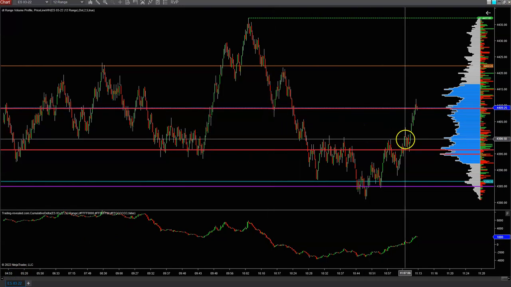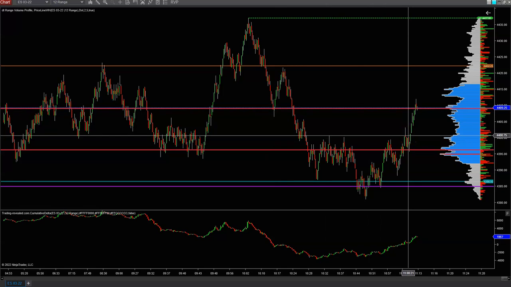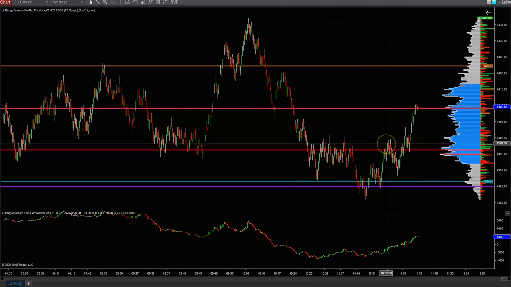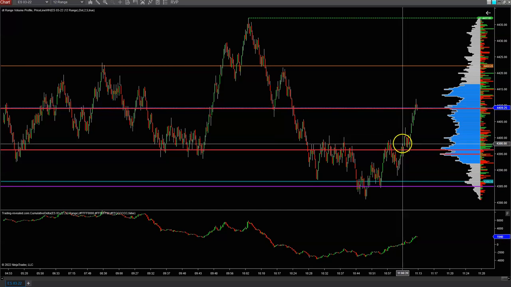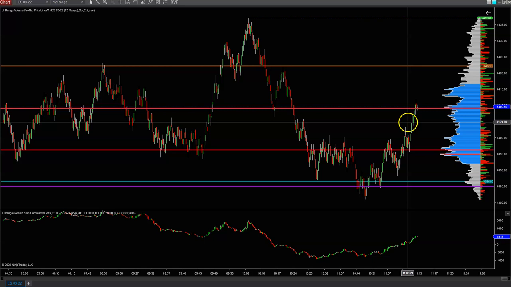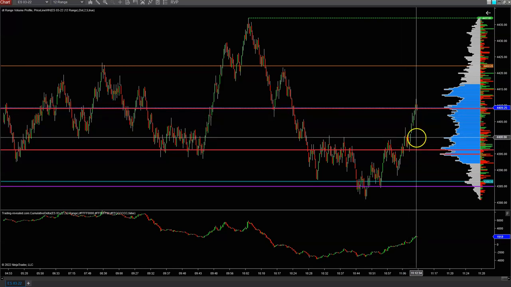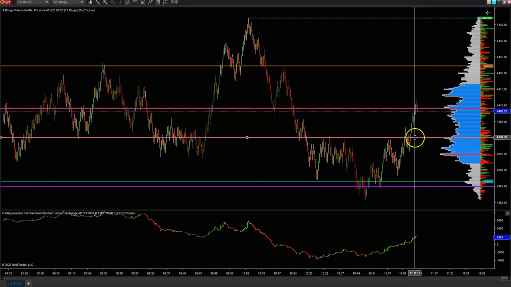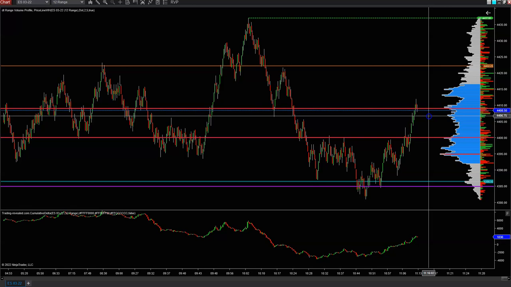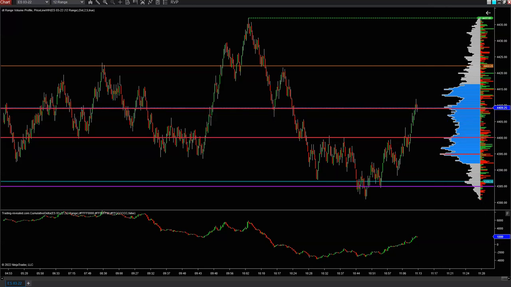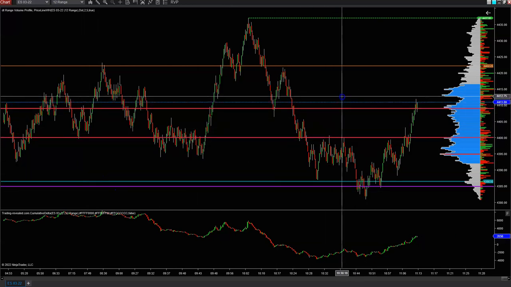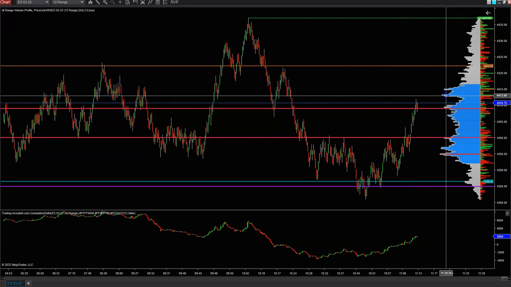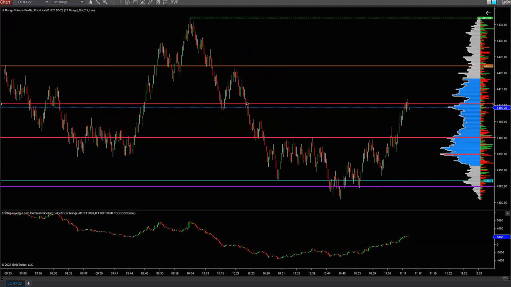Just looking for one more trade, possibly, for an opportunity. Price could come to this area right here, somewhere in this high volume area.